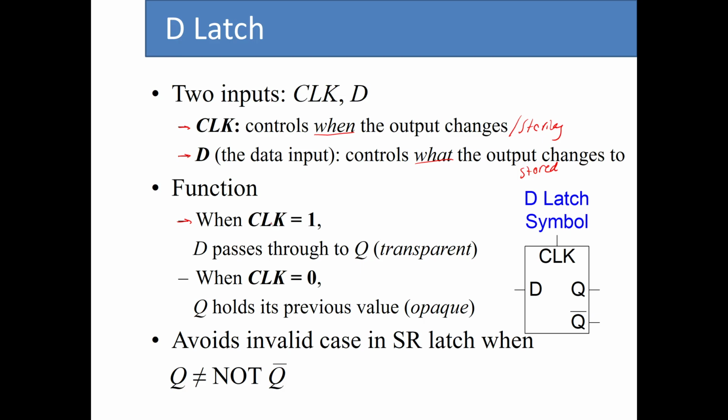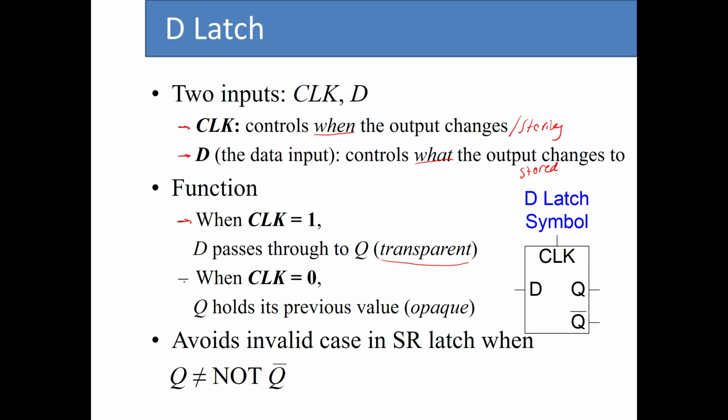When the clock is 1, D passes through to Q. That means whatever value you have in D will be seen in Q. That is equivalent to saying the D-Latch is transparent to the changes of D. So when clock is 1, if D is 0, Q becomes 0. If D is 1, Q becomes 1. Whatever change we see in D, we will see the exact same change in Q.